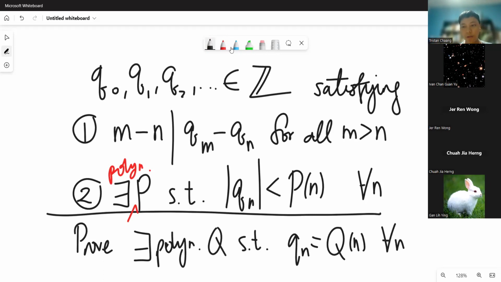So in fact, all of the terms in this sequence are images of some fixed polynomial. Again, I'll give you guys a few minutes to digest this problem, get a feel for it, and afterwards we can talk about it.